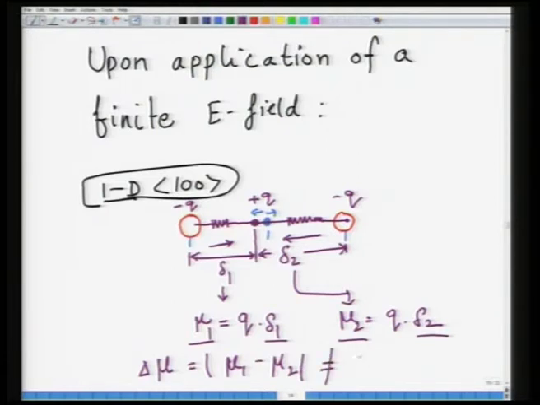This would not be equal to 0 and this would be the scenario which would give rise to what is called as ionic polarization. Now, this happens in the solids where you have positively and negatively charged ions, typically ionically or ionically covalently bonded solids, and this again has dependence upon frequency, which we will see a little later.